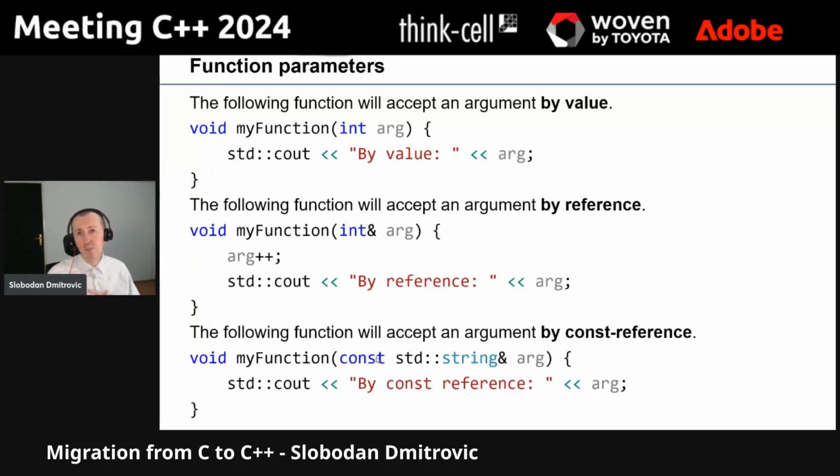So in C, if we want to change the value, we pass by address, by a pointer, and then we manipulate the pointer to value. But in C++, we like to pass by value for built-in types, by const reference for complex types, and we mainly like to assign our function to return a particular value.